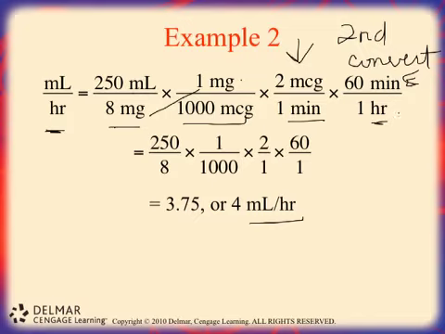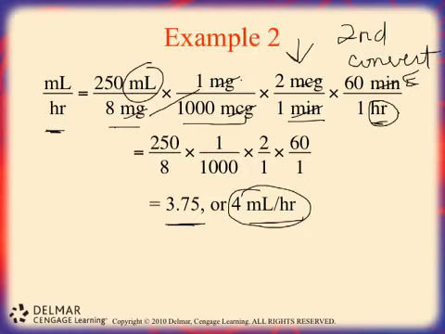So then if we go back through, we can cancel out our milligrams, cancel out our micrograms, and cancel out our minutes, which will leave us with milliliters per hour. So if you then work that problem out, you will come out with 3.75 or 4 milliliters per hour.